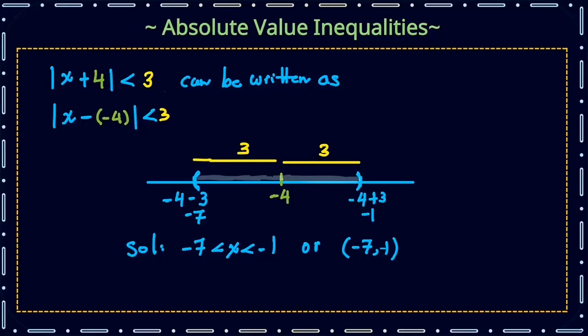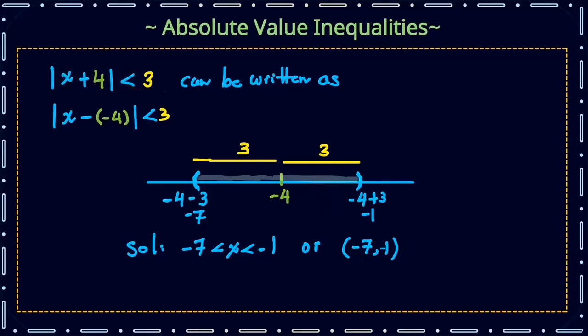Any number between negative 7 and negative 1 plugged into this inequality will make it true. For instance, if I take 0, plus 4, absolute value of 4 is 4, and 4 is in fact less than 3.